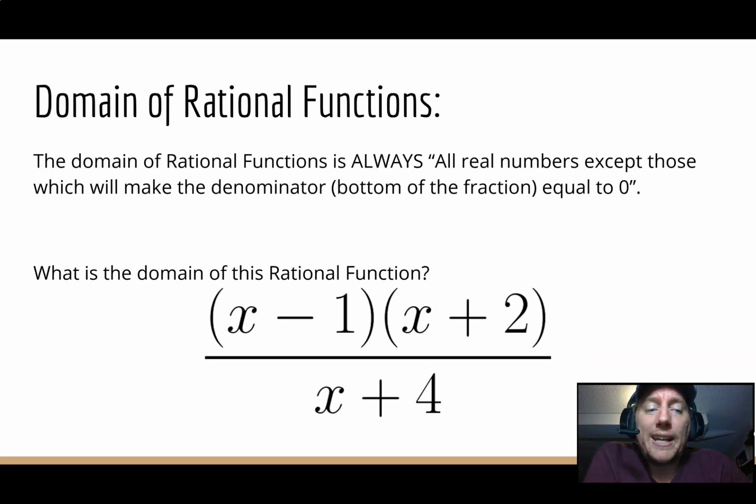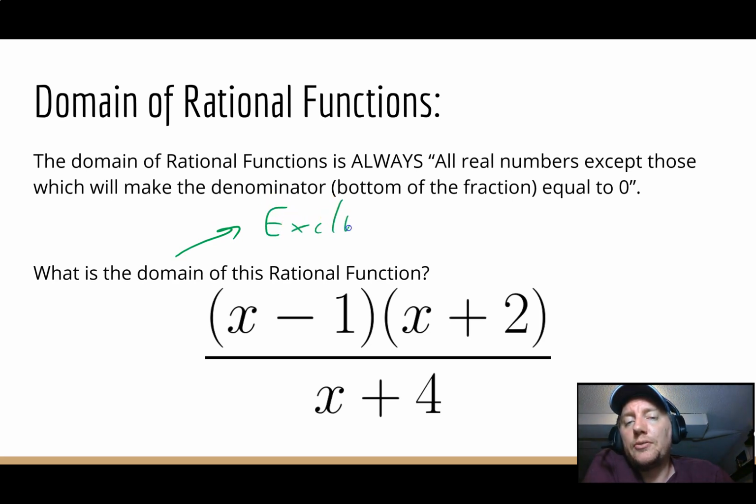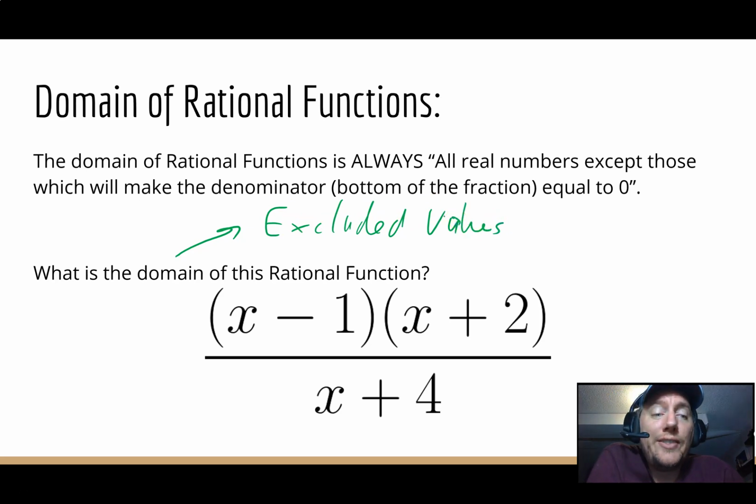So we have the domain of rational functions. This is something we did last semester. Anytime you have an equation that is a fraction, you have to worry about the bottom equaling 0. So another idea for domain is we talked about excluded values. So an excluded value is whatever makes the bottom equal 0.